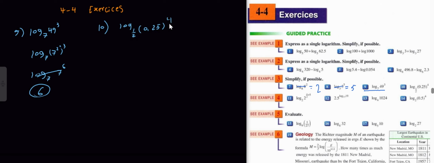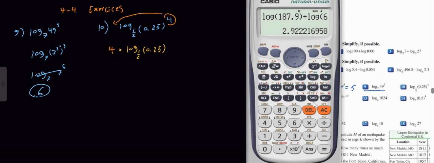Here we have a power. We can move this power in front of the log. It will be 4 multiplied by log 1 over 2 and 0.25. We can solve this one by a calculator. How? Like this.